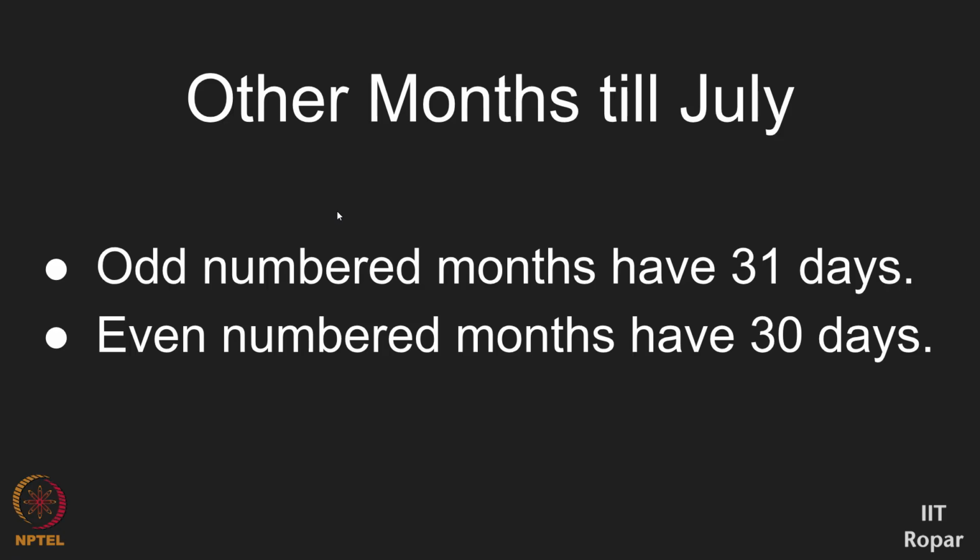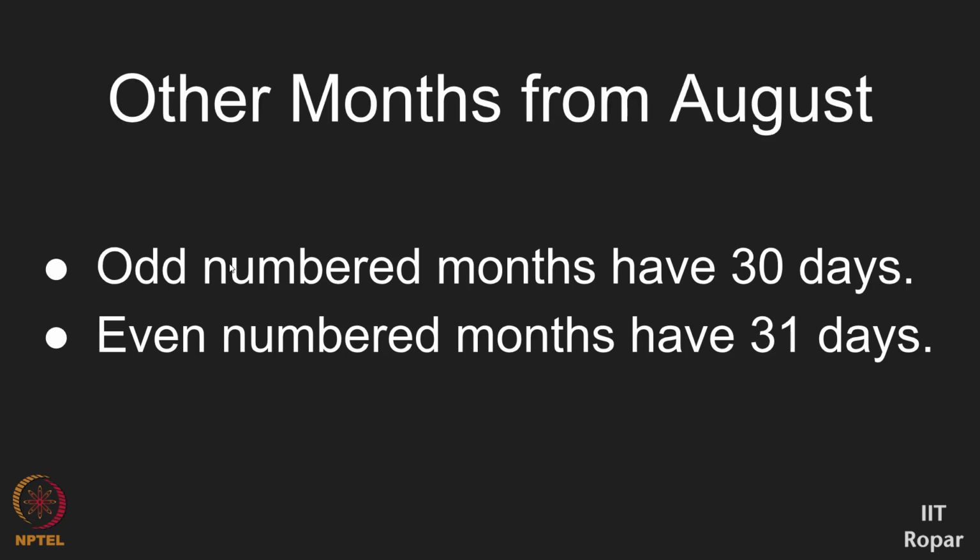From August there is a change in pattern. What is it? It's simply a reversal. What do I mean by that? From August, the odd numbered months, September, the 9th month, and November, the 11th month, have 30 days, and the even numbered months, August is 8, October 10 and December 12, have 31 days.